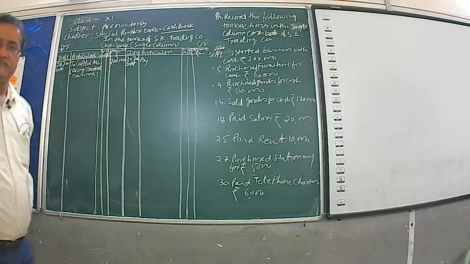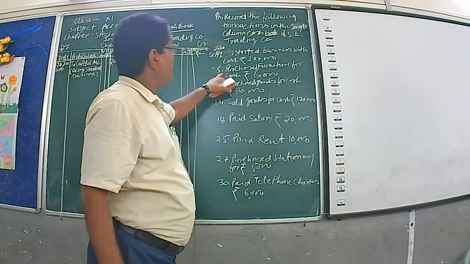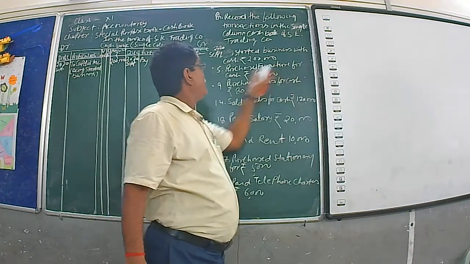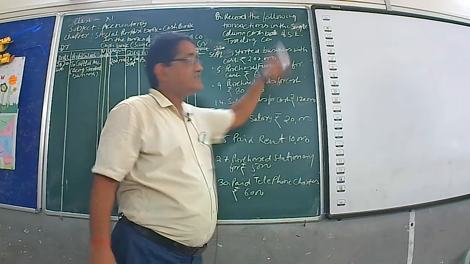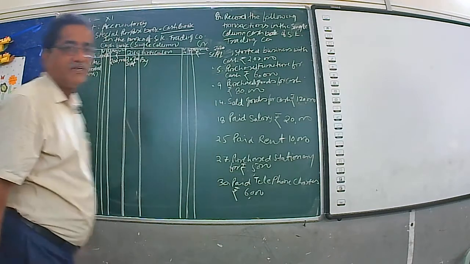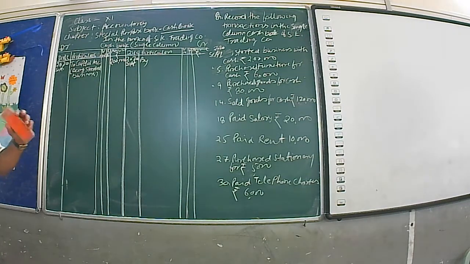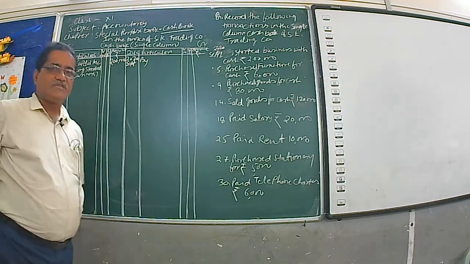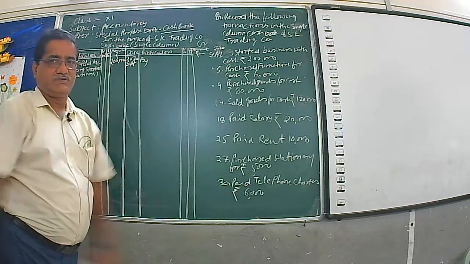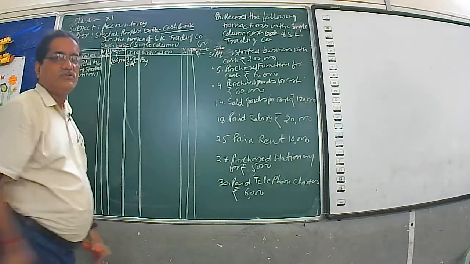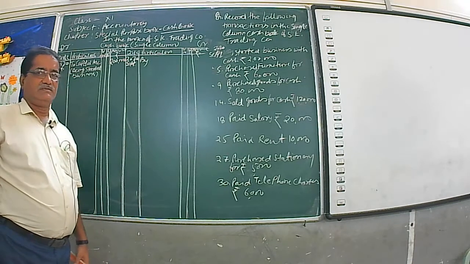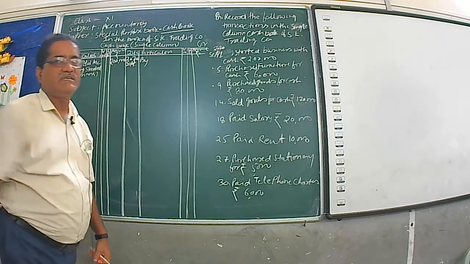That was the first transaction. Next one: purchased furniture for cash rupees 60,000. The furniture was purchased by the business, and for that the business has paid the amount. It means money is going out from the business.